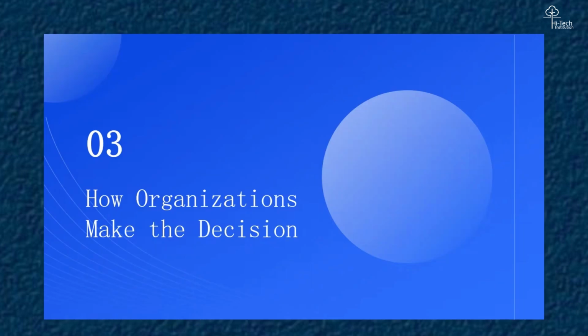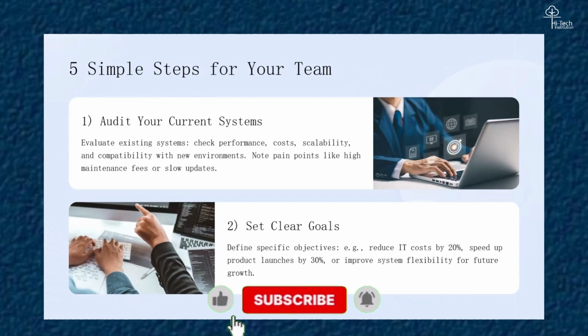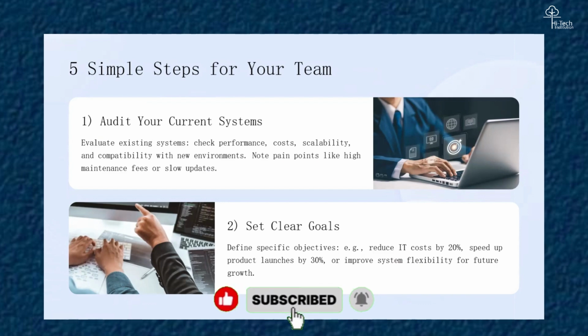And how the organization makes the decision, yeah, that is what we just discussed in the previous things. This is the overview, kind of. So first, there are totally five simple steps they will be following here. Auditing your current systems, like what is the current performance, and what is your cost, scalability, compatibility with the new environments.